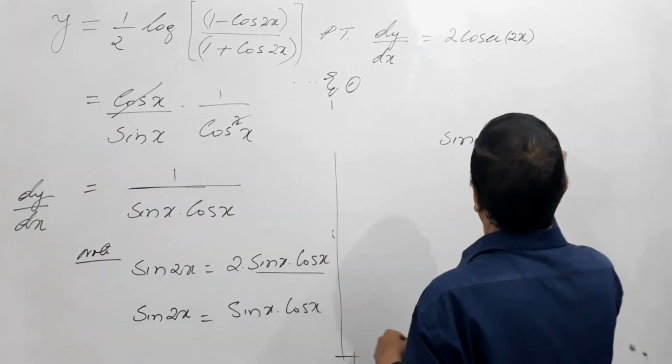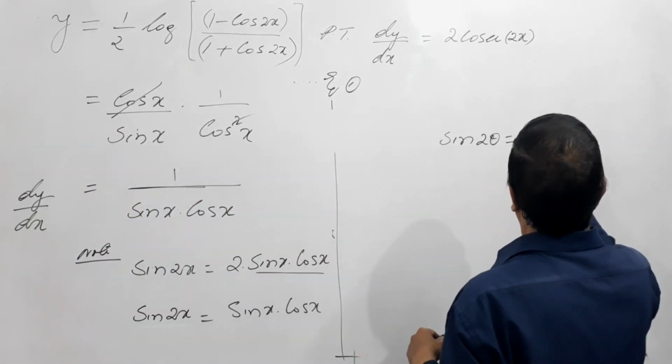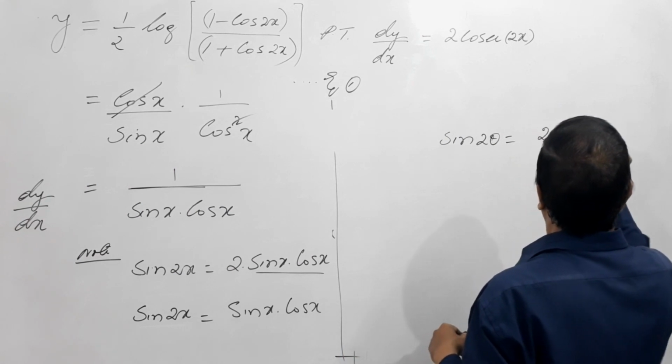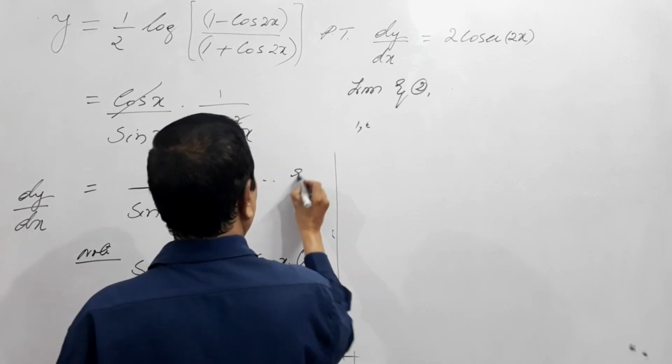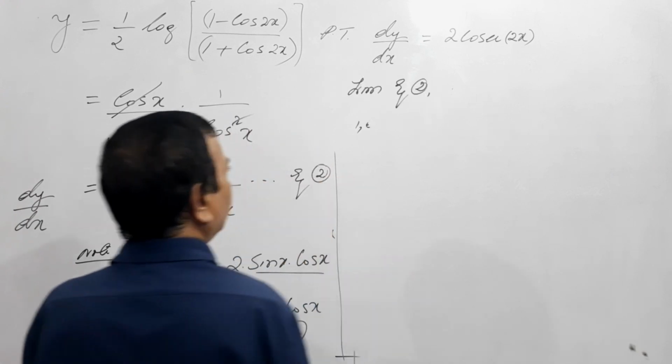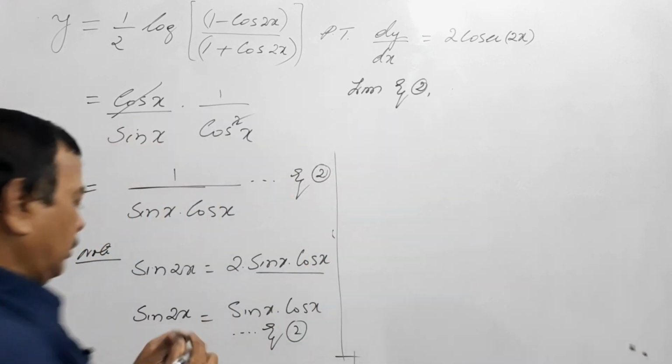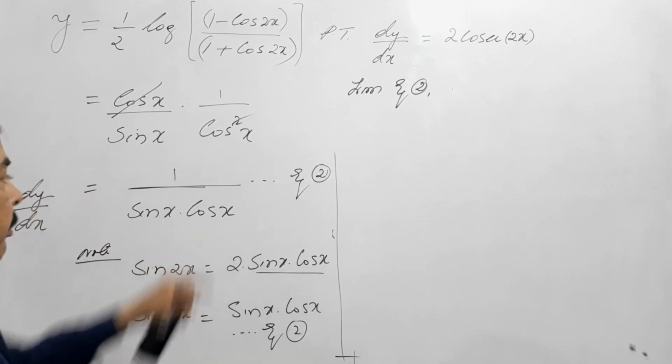Sin 2 theta equals 2 sin theta into cos theta. This is equation 2.